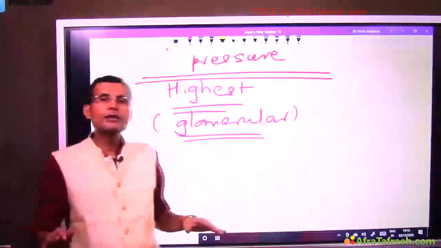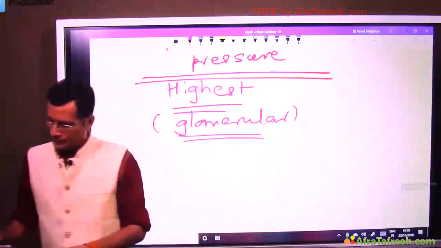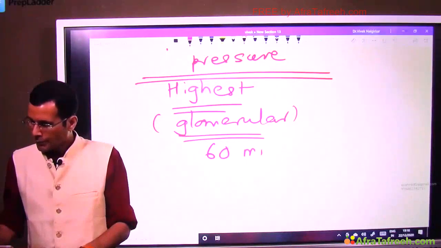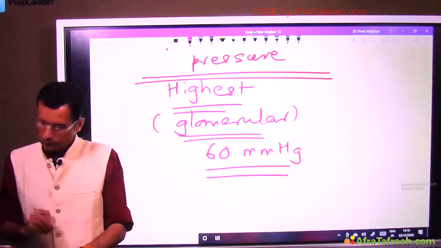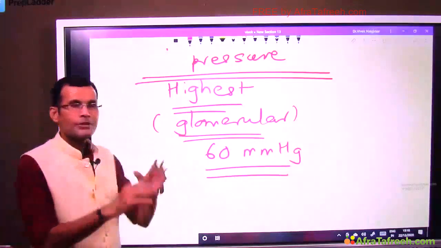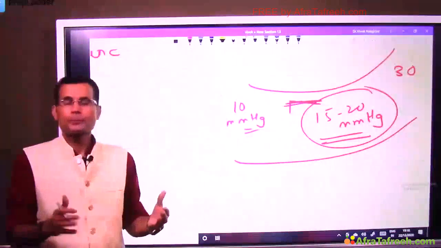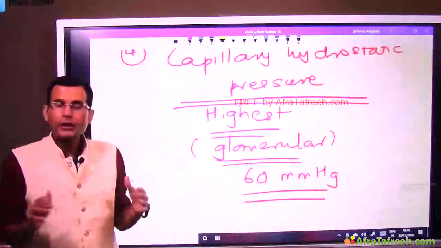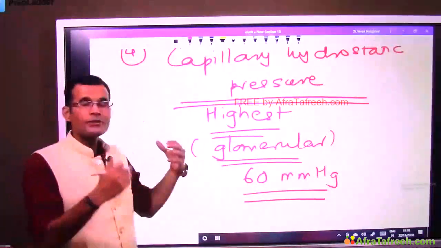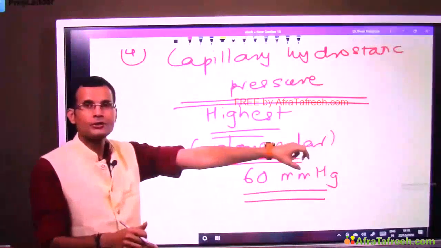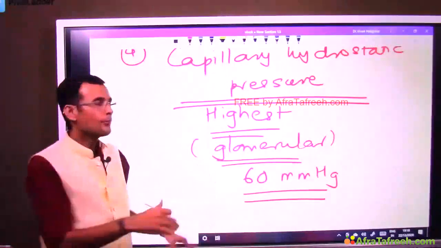Look, different figures are given in different books. It is 60 mm of Hg. So, just remember like this, elsewhere it is 15 to 20, but in the glomerular capillaries, it's 3 to 4 times that pressure. So, it's 60.